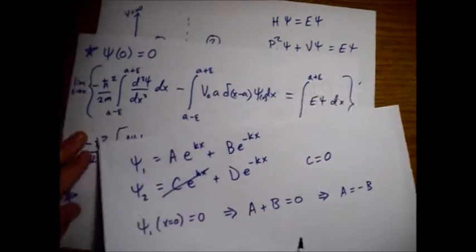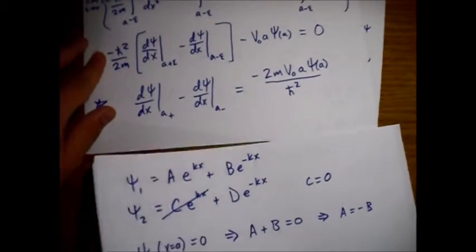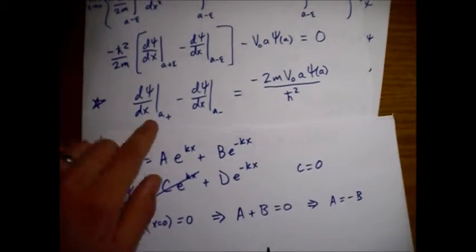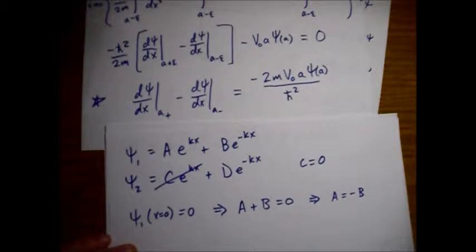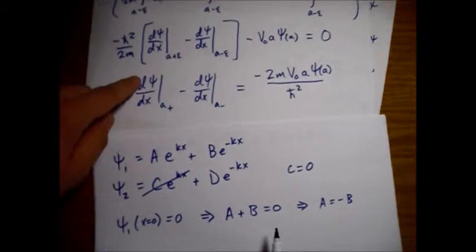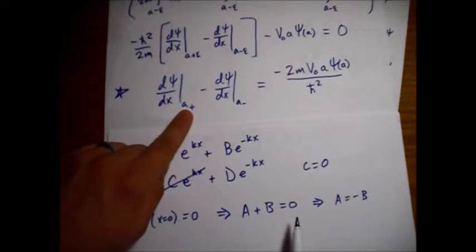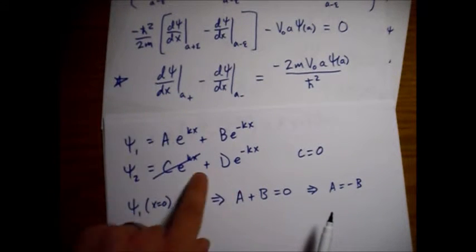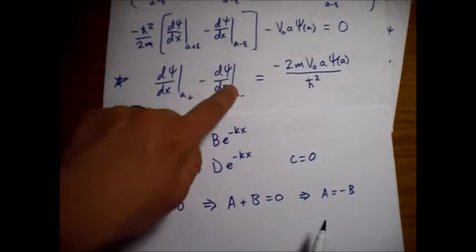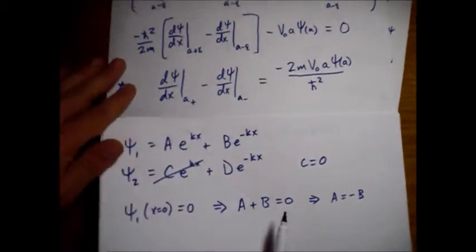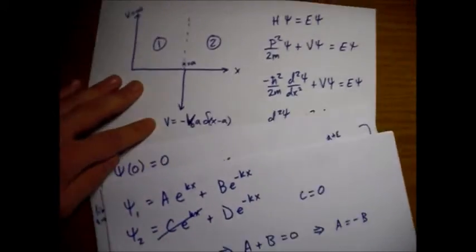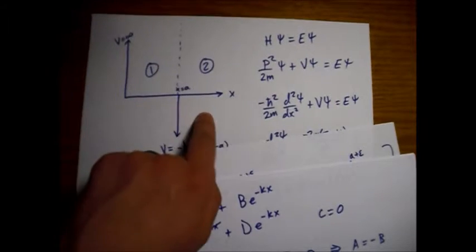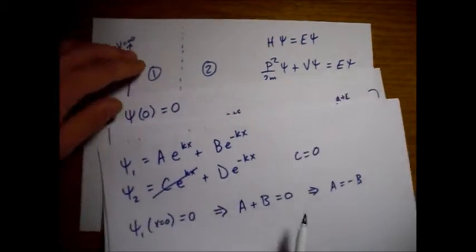Now let's look at our second boundary condition, which is a condition on the derivative. If we look at the a plus situation, that pertains to psi 2, and a minus pertains to psi 1, because those are the wave functions just barely to the right and just barely to the left of this.